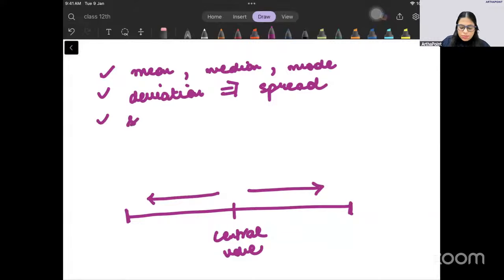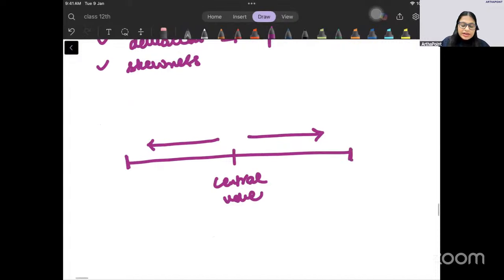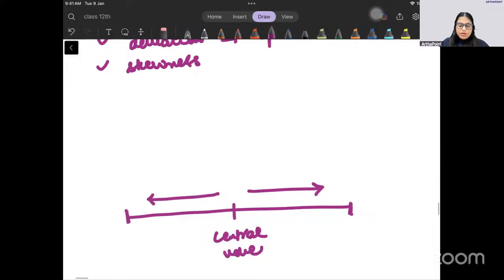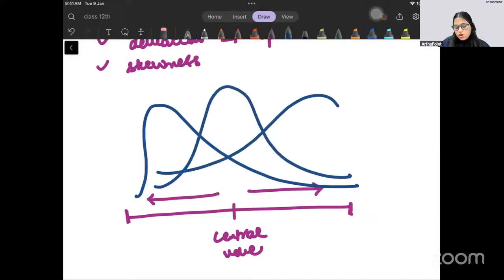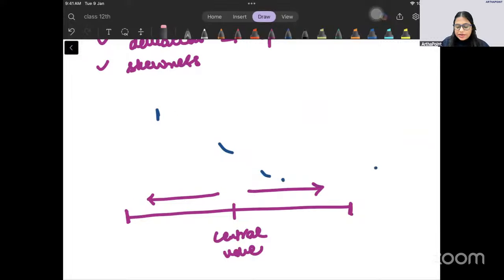When we talk about skewness, skewness tells me how the data is symmetric. So is the data symmetric like this, or like this? माने वो जो frequency distribution है, where it is the highest. Is it highest first and then low, low, low, low, low? Is it highest in the center or is it highest towards the end? So skewness tells us the symmetry of the data set.